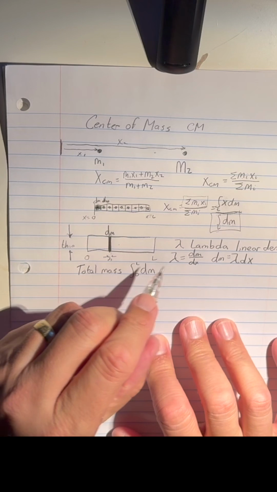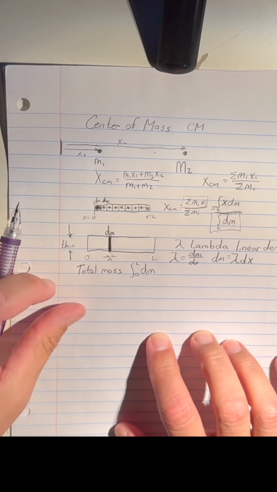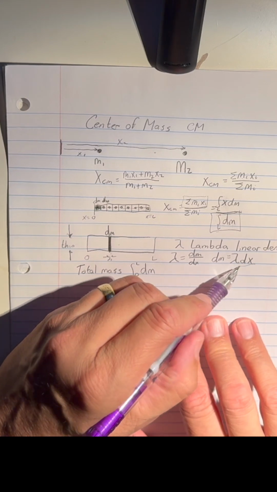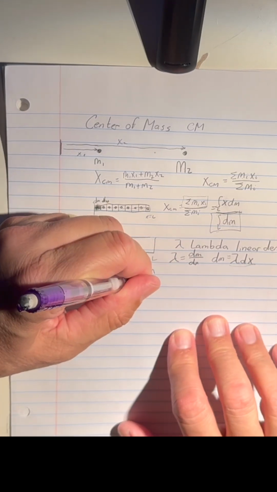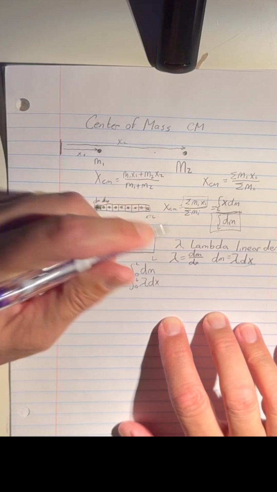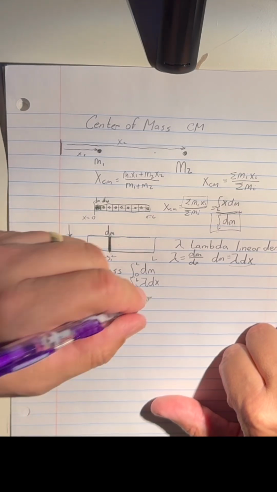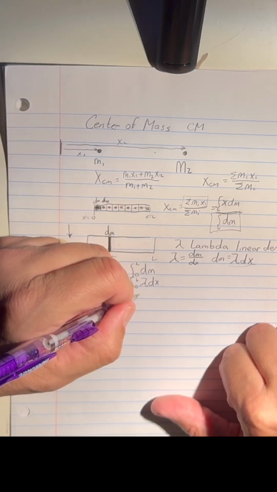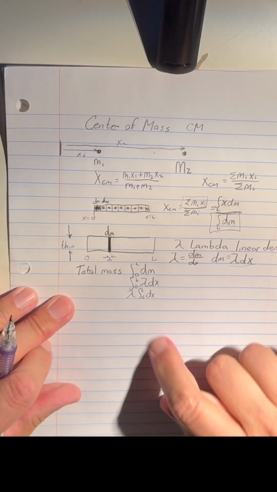But we want to rewrite this in terms of these integration limits, which are going to be in the dx's. So let's substitute in lambda dx. So it's the integral from 0 to L of lambda dx. Later we're going to have it where lambda is not constant, but if lambda is constant, that just ends up being lambda times the integral from 0 to L dx.